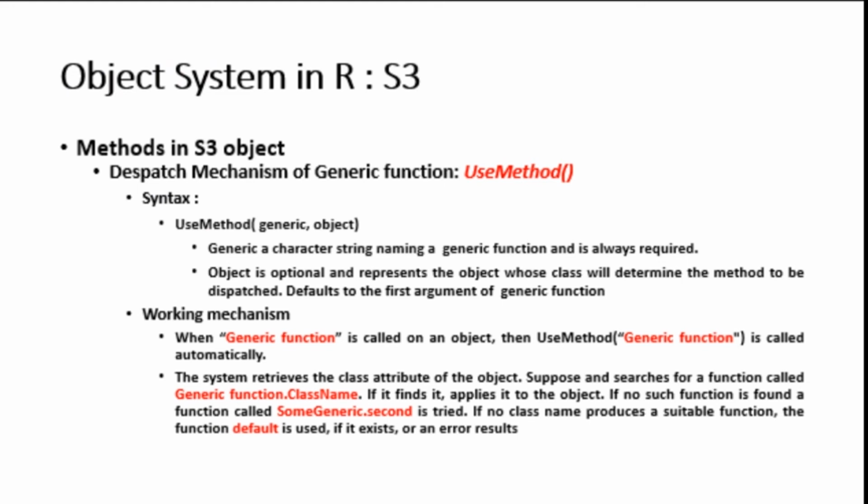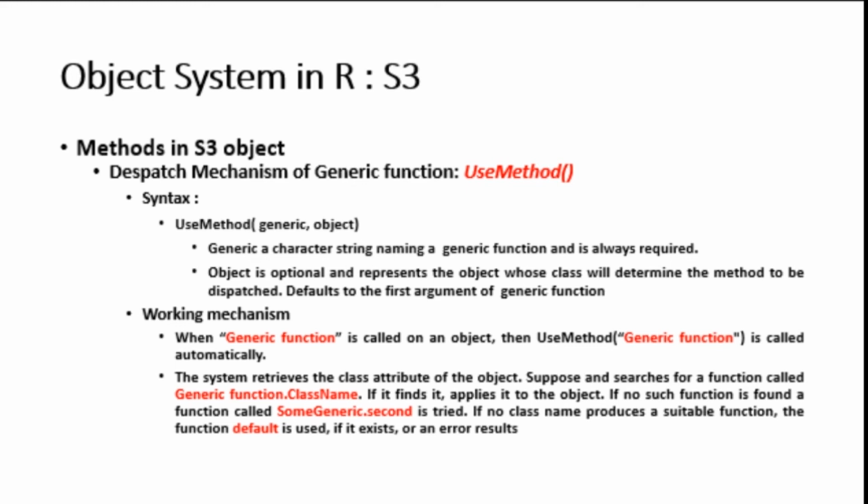The first argument in the UseMethod command is the name of the generic function, and it is always mandatory. The second argument is optional. It represents the object whose class will determine the method to be dispatched.